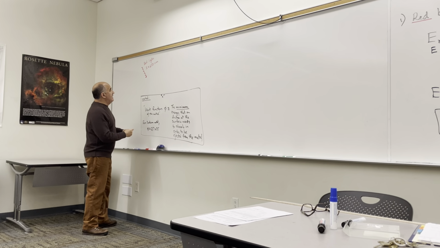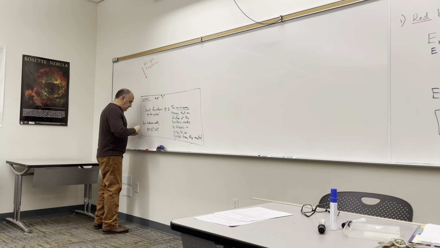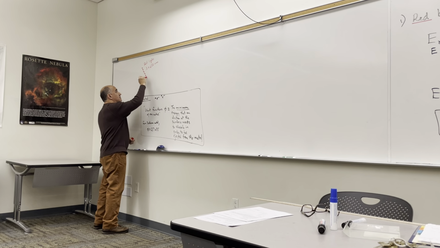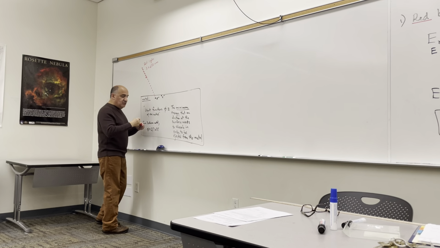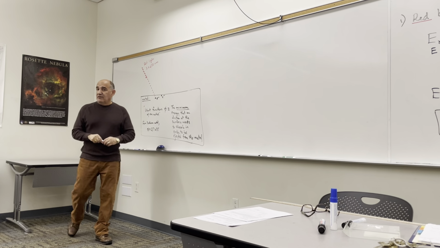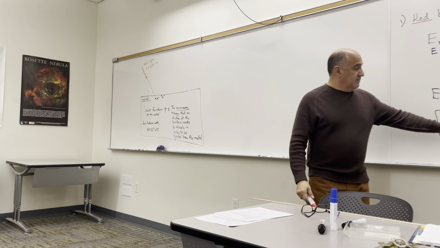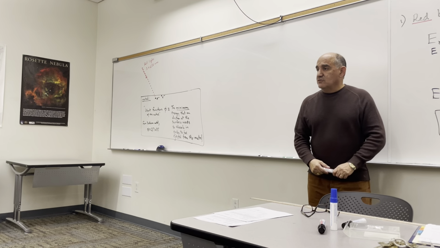When an electron here absorbs that red light, how much energy would it be absorbing? If you think of that as a photon, as a beam of photons, how much energy would it be absorbing? 1.9 electron volts.